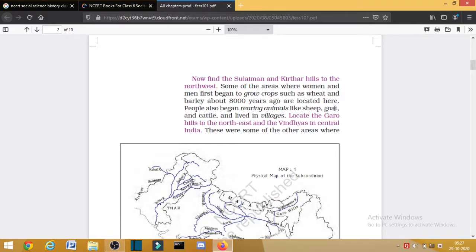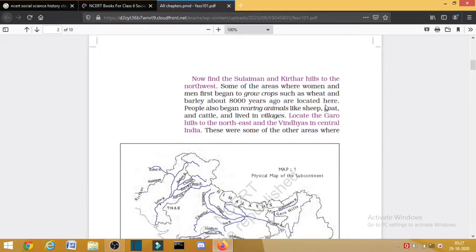These Sulaiman and Kitar hills are those places where women for the first time began to grow crops. If anybody asks you to name the places where people began to grow crops for the first time, you have to mark or say the Sulaiman and Kitar hills.